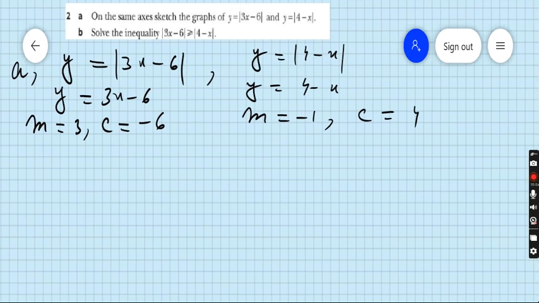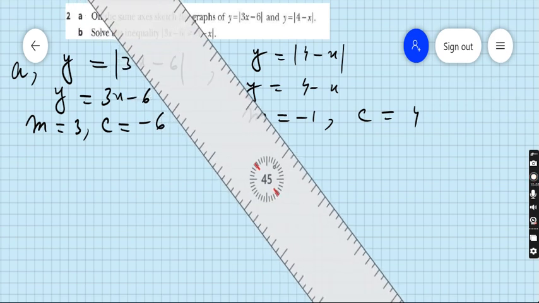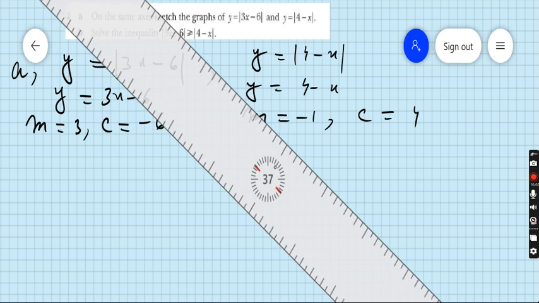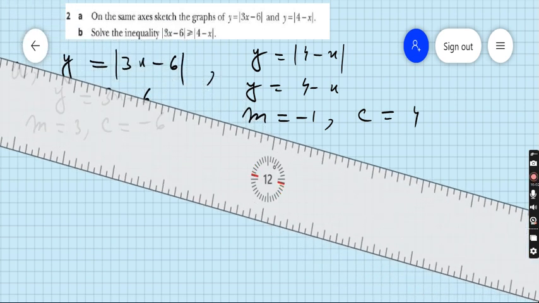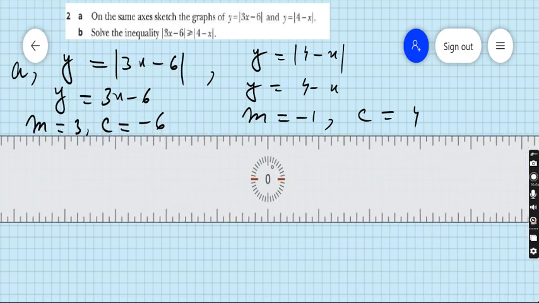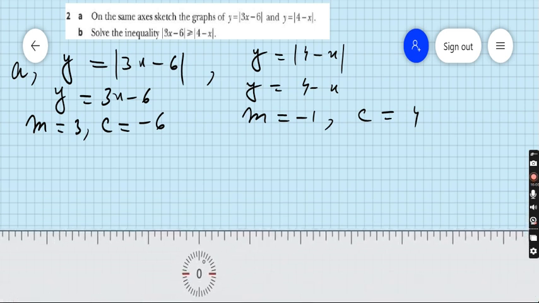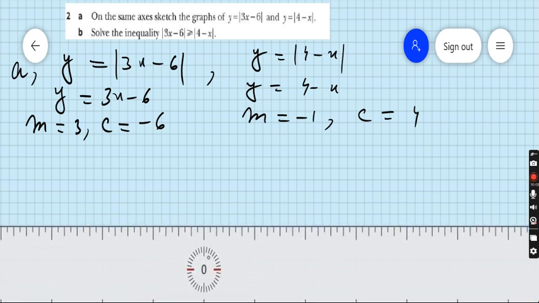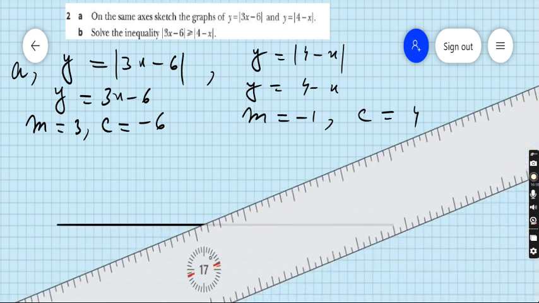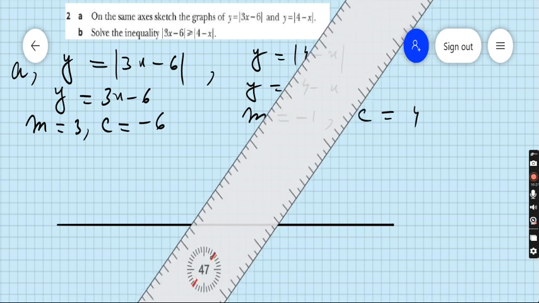In order to draw the lines, we have to draw the x and y axes. First draw the x axis. Then draw the y axis.